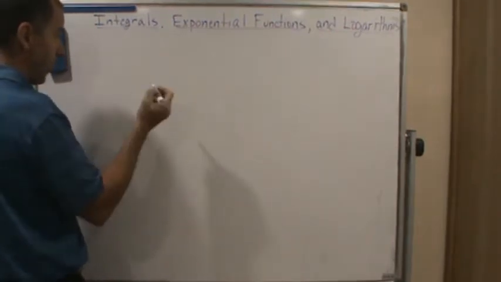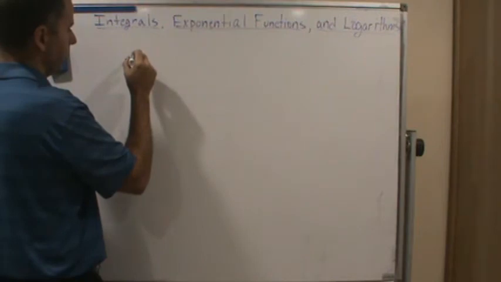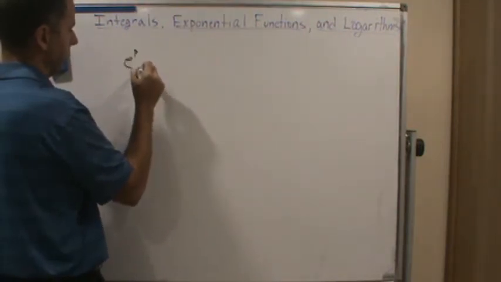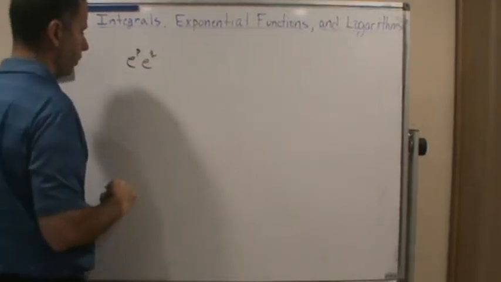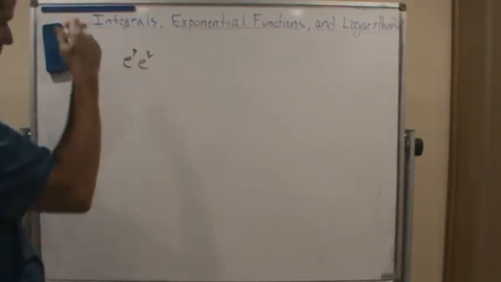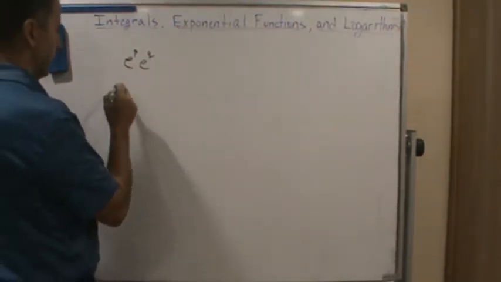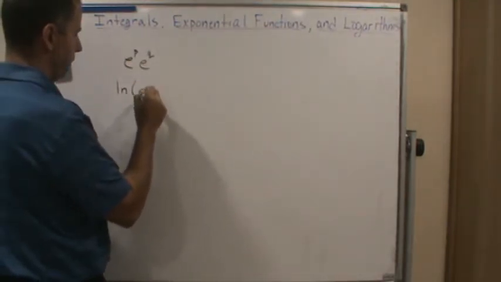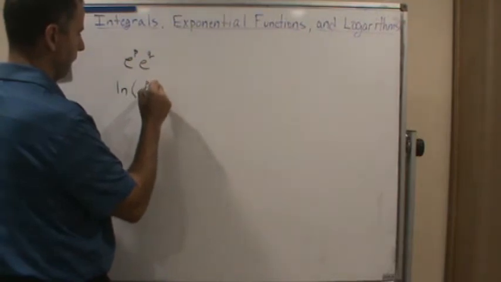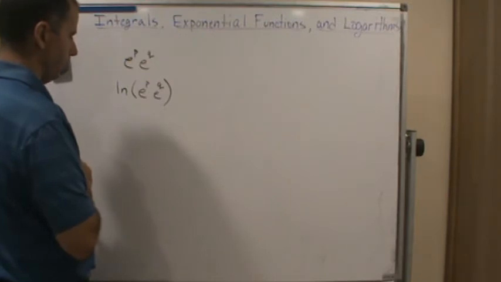So if R is a rational number, then take E to the P and E to the Q. It's obvious that if we take the natural log of E to the P times E to the Q, right?